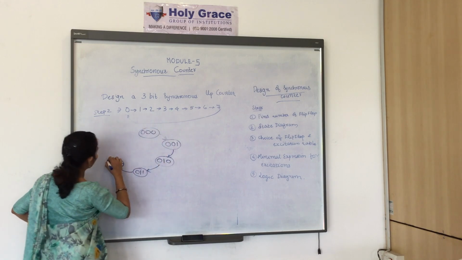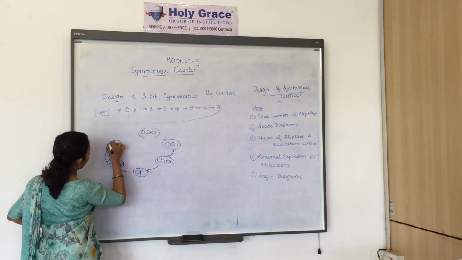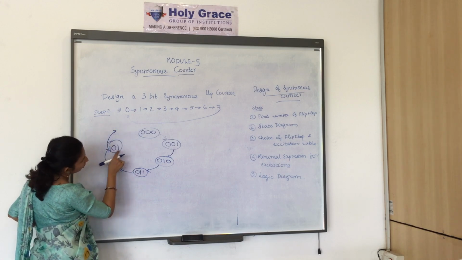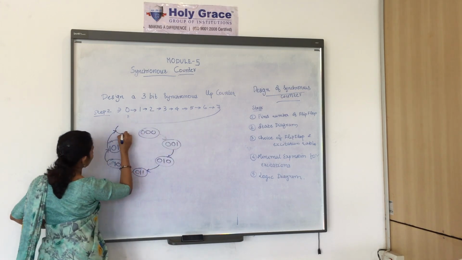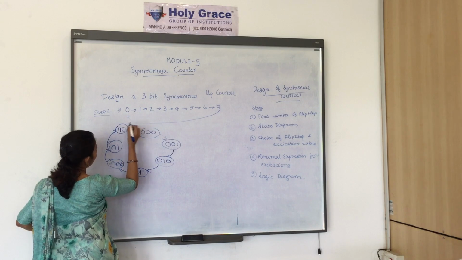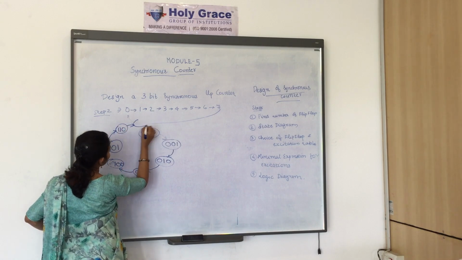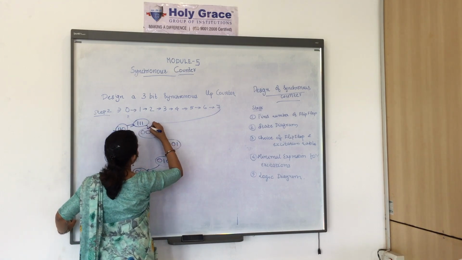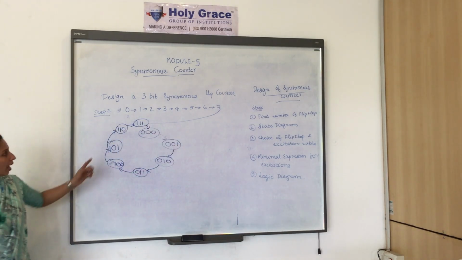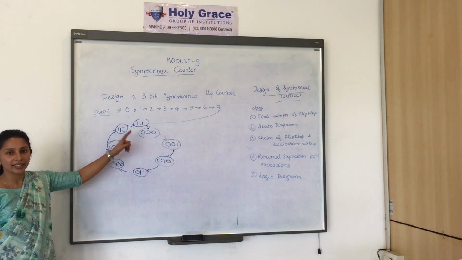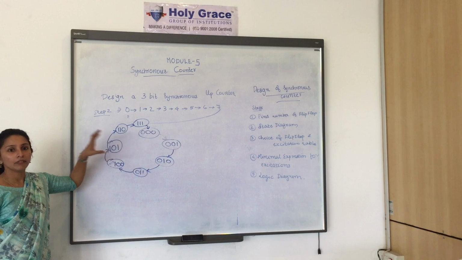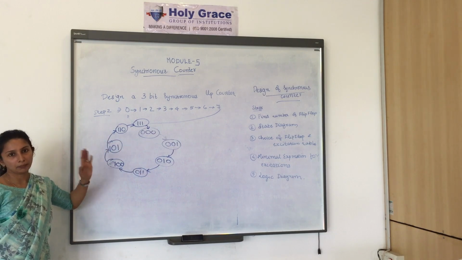From 4 it goes to 5, which is 1, 0, 1. Then it goes to 6, which is 1, 1, 0, then to 7, which is 1, 1, 1, and again back to state 0, 0, 0. This cycle keeps going until we stop the clock pulse, and it stops wherever we stop the clock input.